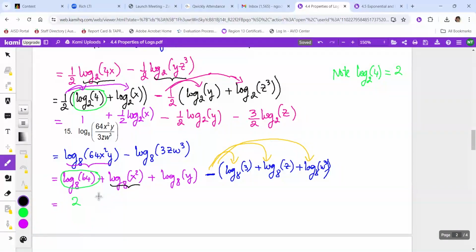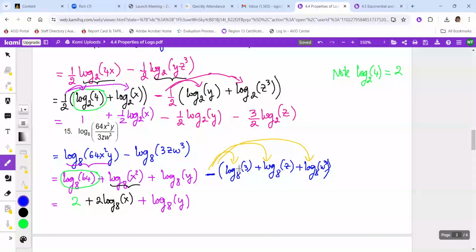So move the exponent of the power to the front. So it's plus 2 log base A of x. And then the next term we cannot do anything, so I'm copying it the way it is. Cannot simplify. So log base A of y. Okay, move on to the next term.